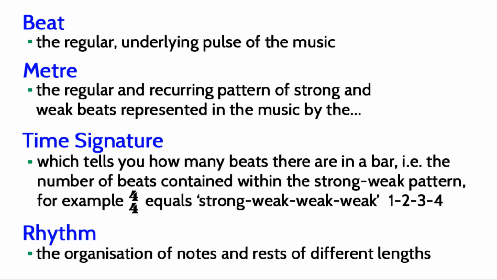In other words, the number of beats contained within the strong-weak pattern. For example, 4/4 equals strong, weak, weak, weak. 1, 2, 3, 4. And finally, the rhythm, the organisation of notes and rests of different lengths.